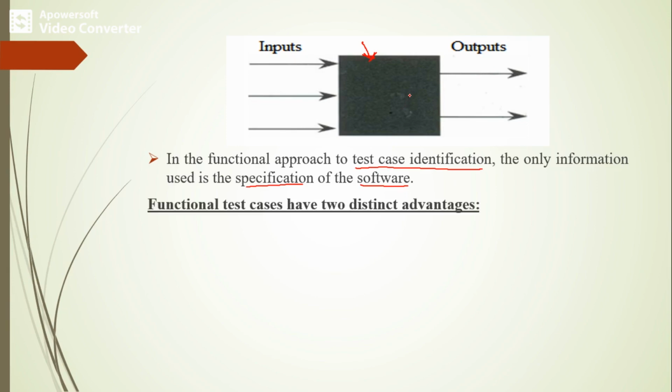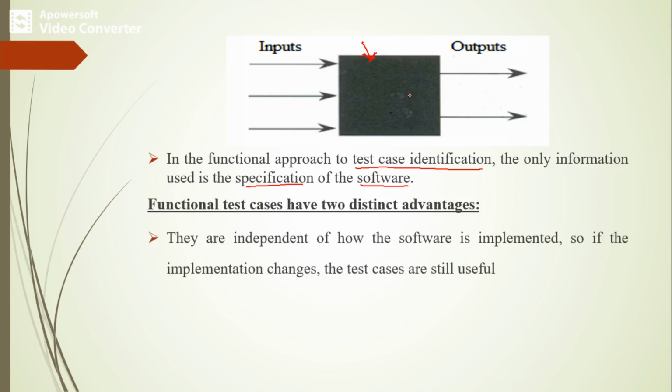So the functional test cases have two distinct advantages. The first advantage is they are independent of how the software is implemented. I told what the implementation part is, and the tester does not bother about how this software has been implemented. So if the implementation changes, the test case is still useful. For example, first time you have used some algorithm, and later you update it with a new algorithm.